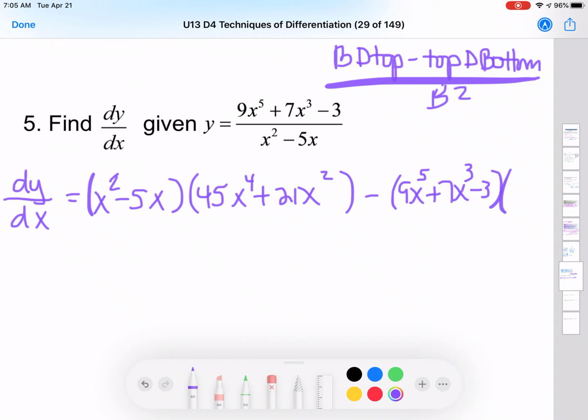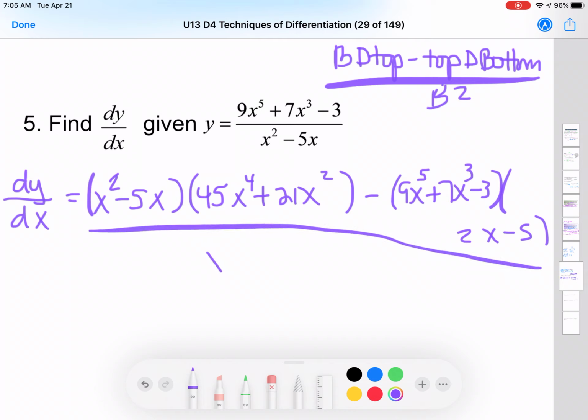I'm running out of room. So 2x minus 5. And then all over bottom squared. Okay, there's our derivative. Again, we could FOIL that all out, or most of the time in upper level we just leave it.